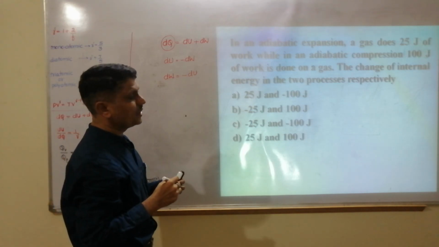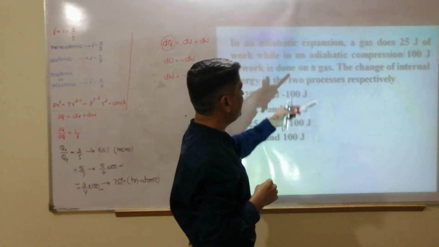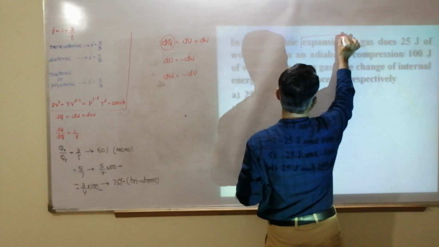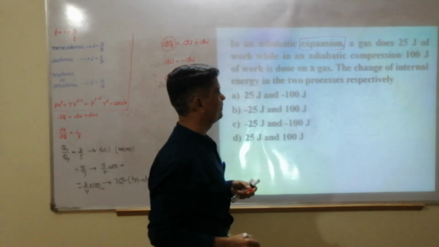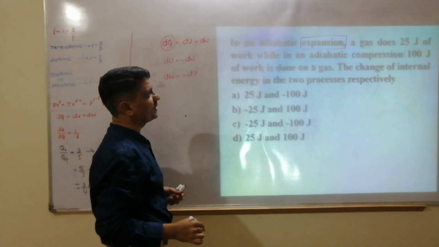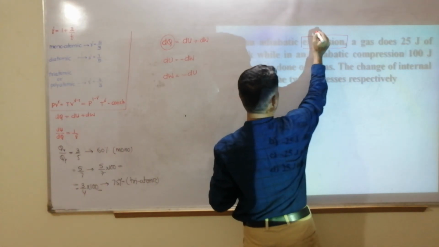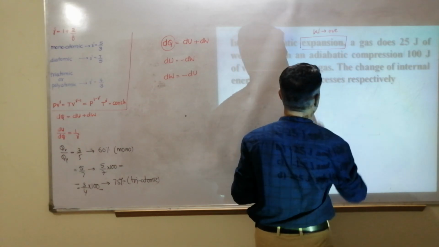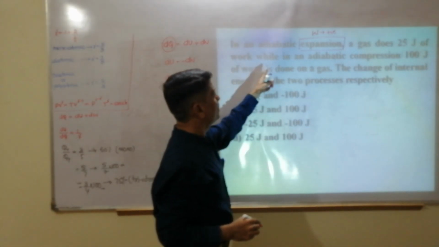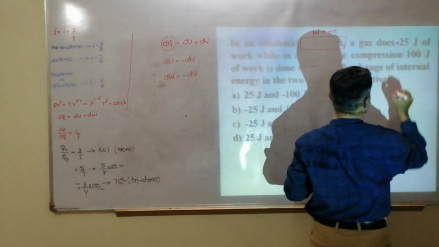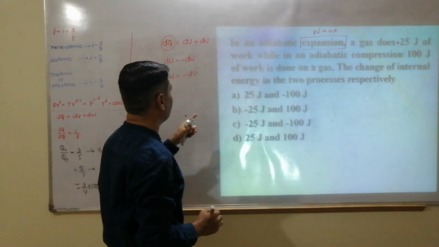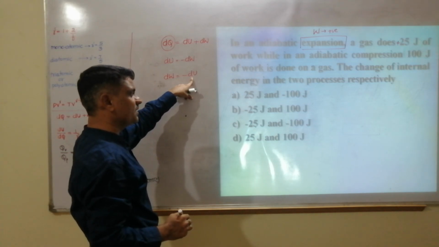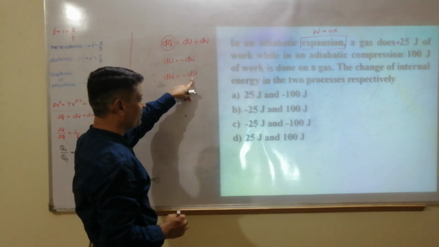That's all. Okay, see, in adiabatic expansion, it is expansion, okay, expansion. 25 joule of work is done. You know that while expansion, work done is taken as positive. Okay, here plus 25, expansion plus 25. When work done is positive, then change in internal energy will be negative.